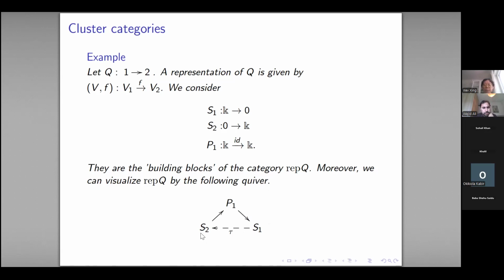I mean, the composition will be 0, and there's no morphism from S1 to S2, or only 0 morphisms between them. And moreover, there's a functor, a translation functor, which I denote by tau, that will bring our object S1 to S2. And this is called the Auslander-Reiten translation, and the whole quiver is called the Auslander-Reiten quiver of Q.